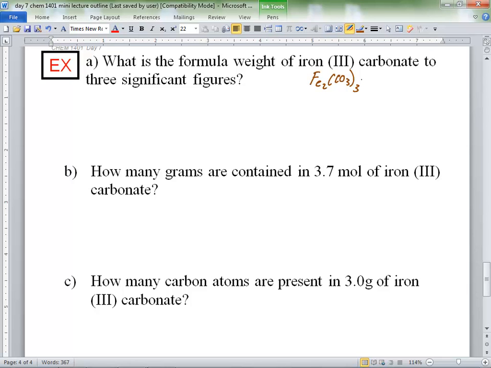So remember how to do it? Just add it all up. Right here, you'd have 2 times iron plus 3 times carbon plus 9 times oxygen, to 3 sig figs.